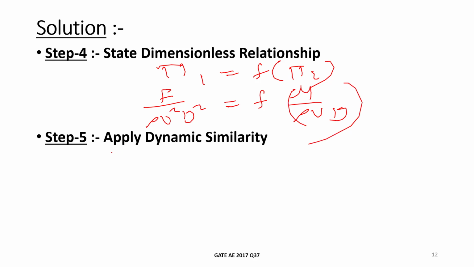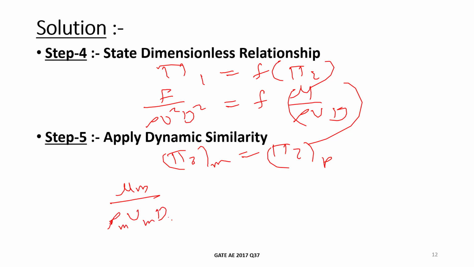Now we will apply the dynamic similarity in the problem. So first we will equate this term pi2 for model equal to pi2 for prototype. So mu m upon rho m um dm equal to mu p upon rho p up and dp.